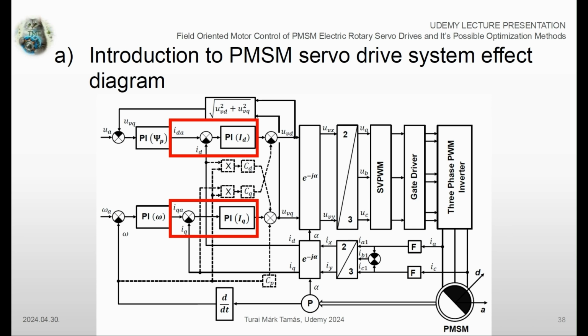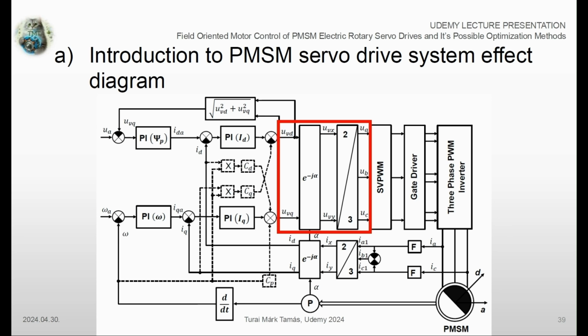All in all, the FOC algorithm alters the actual average phase voltage values with the help of the implemented current control loops. After the reference direct and quadrature voltages are calculated, an inverse Park transformation is performed in order to get the reference phase voltages. Note that for the inverse transformation, the angle of the rotor pole flux is also needed.